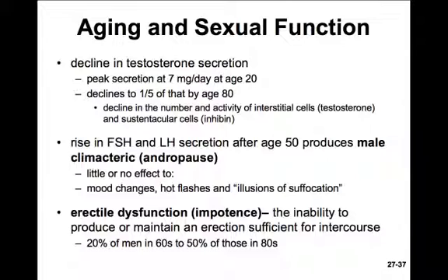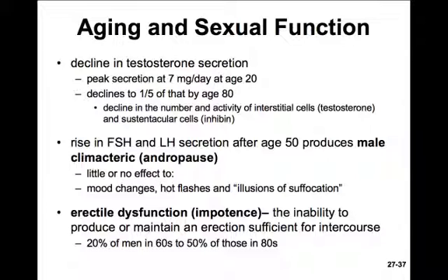Often this decline causes some erectile dysfunction or impotence, which is the inability to produce or maintain an erection that's sufficient for intercourse. About 20% of men in their 60s experience erectile dysfunction, and about 50% of those in their 80s.